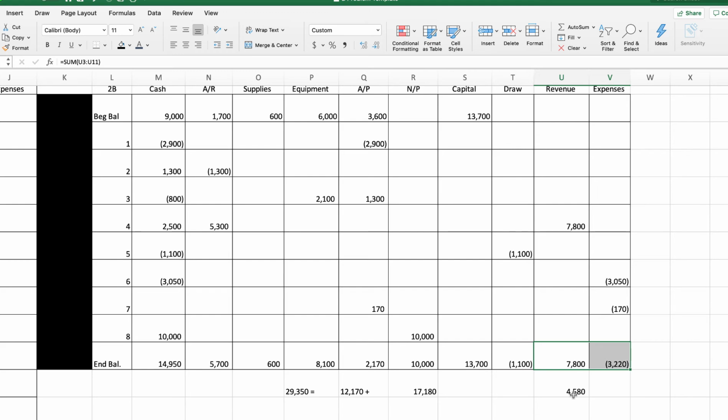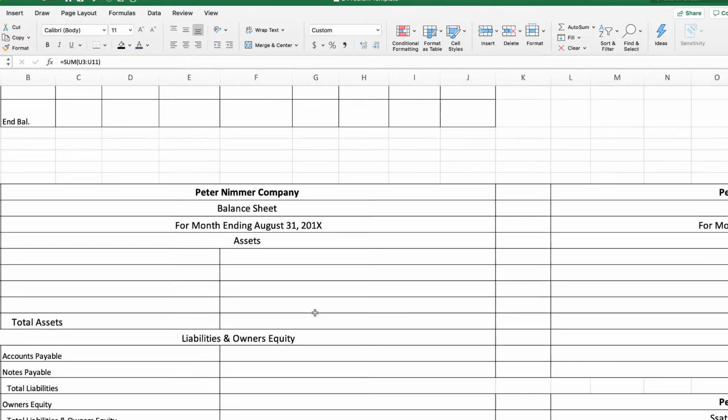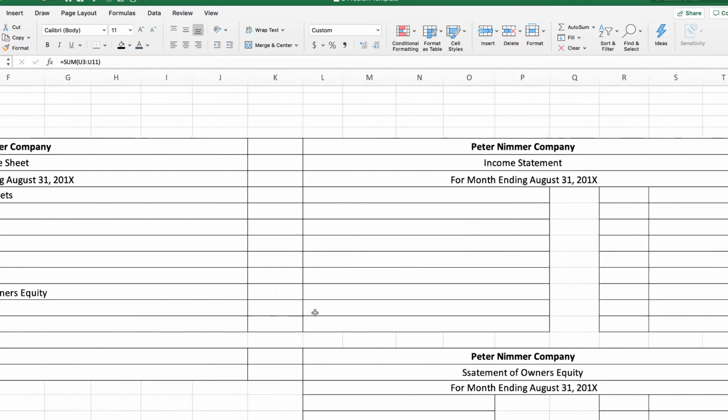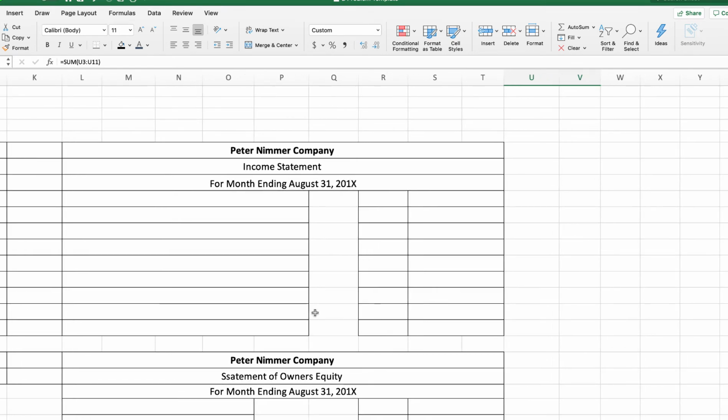The next thing we need to do is prepare an income statement for October. Here's what we're going to do. You're going to flip onto the back and you have your income statement right here. Notice the heading.